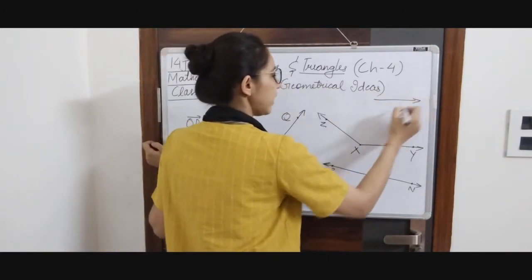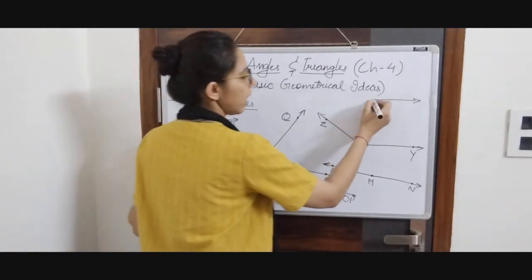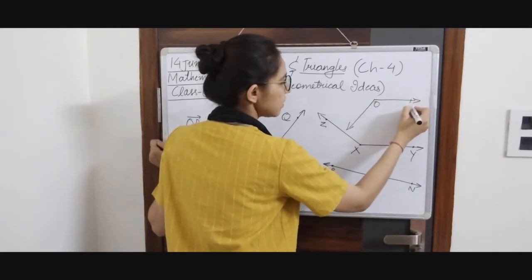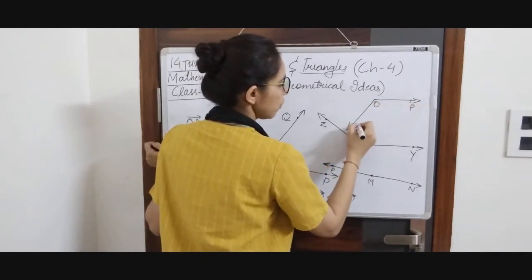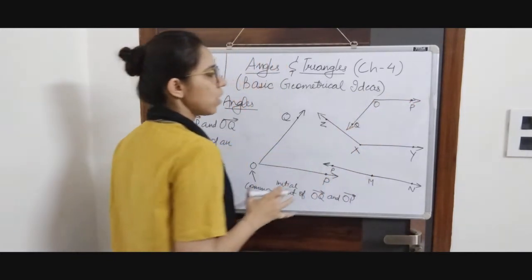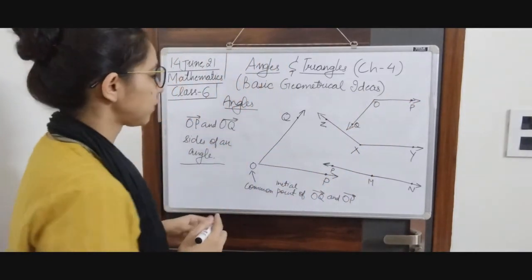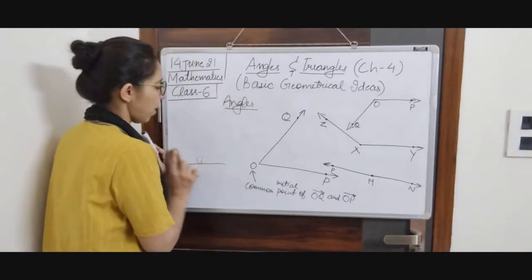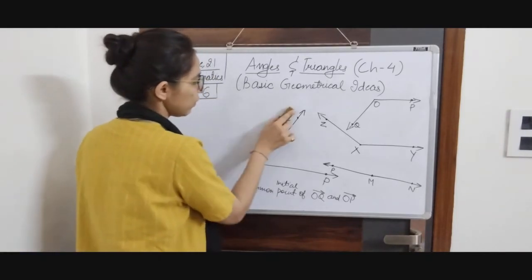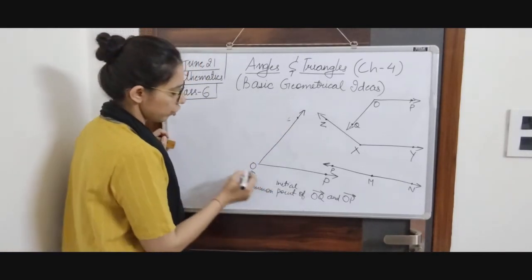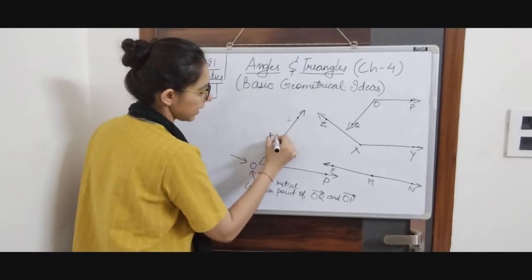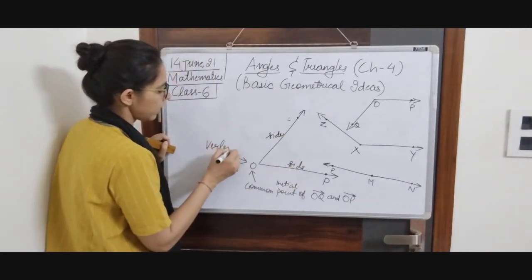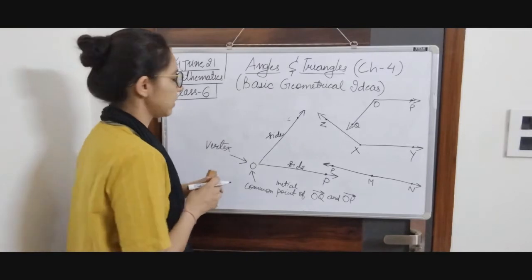What we need is two rays in any direction. If I draw like this, suppose this is O, this is P, and this is Q. One more thing: these were sides, and this common initial point is known as the vertex of an angle.